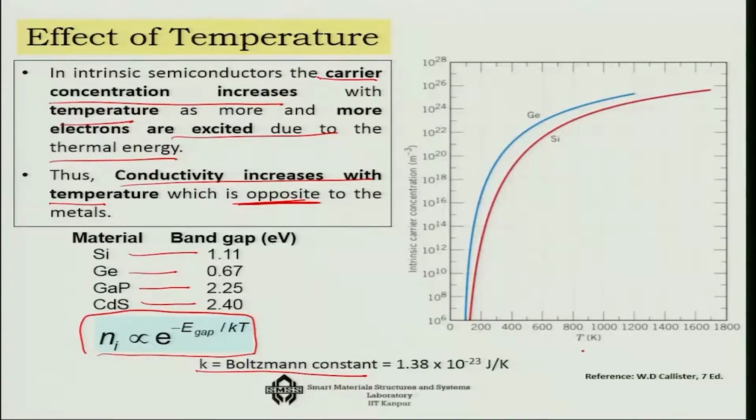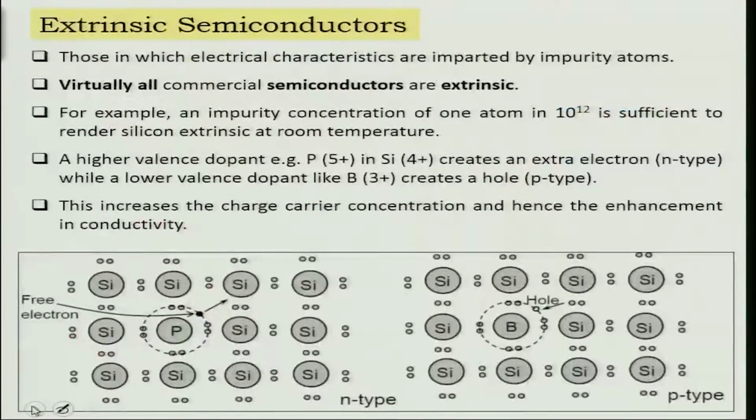With respect to temperature, if you plot this, you will see how sharply the intrinsic carrier concentration increases for silicon, and then it gets saturated. Similar qualitative nature you will also see for germanium. This is opposite to the behavior that you will see in the metals.